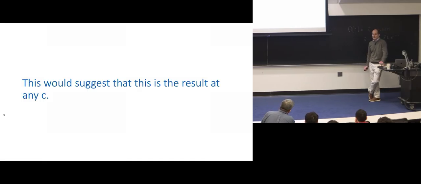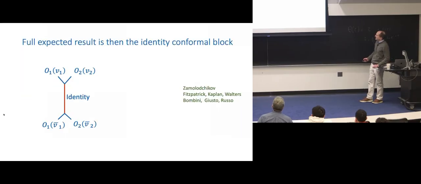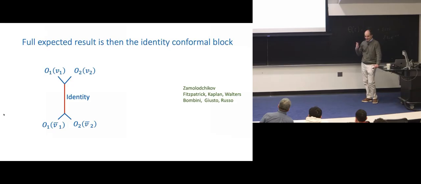So we can now extrapolate and see what we get if we go to small values of c, for example c equal to 1/2. But before we do that, let me say a little more about the physics of this. What this is saying is that we send some stuff into the black hole, and the black hole evaporates through the emission process.